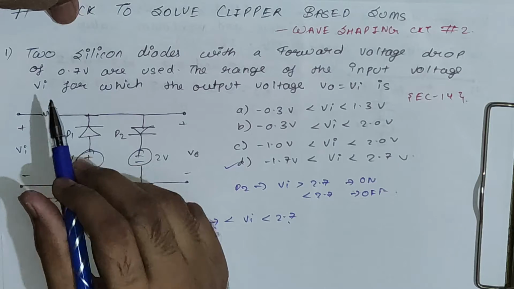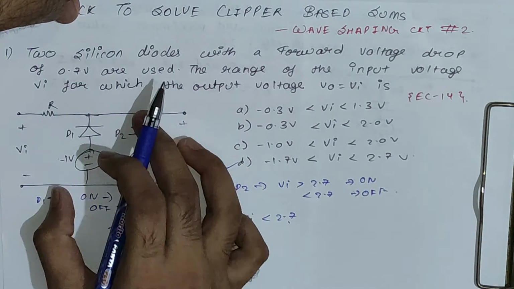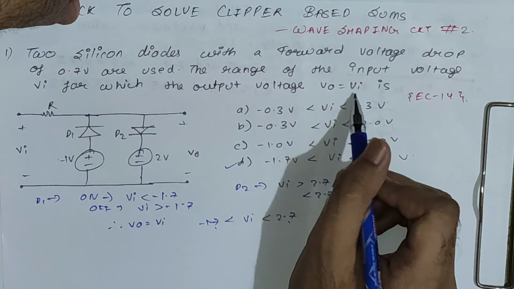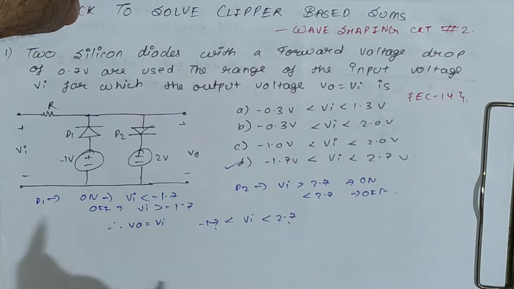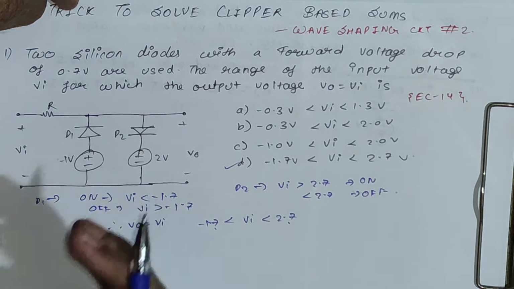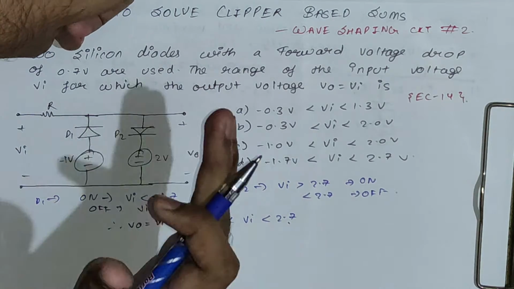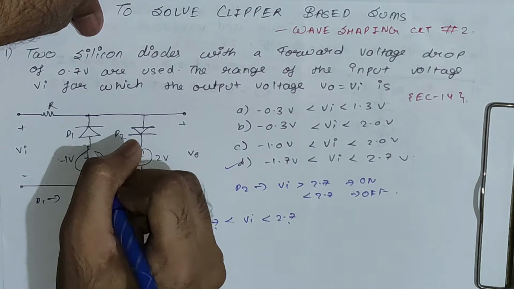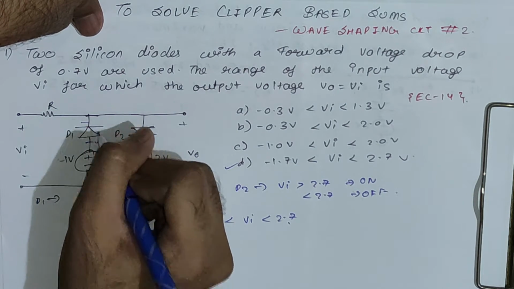So coming back to this sum, here we were having this circuit and the question was to find out the range for which Vo is equals to Vi. So the trick says first you have to find out the condition for which diode is getting on and off. So for D1 you can see if you open it you will get this is your Vp and this is your Vn.